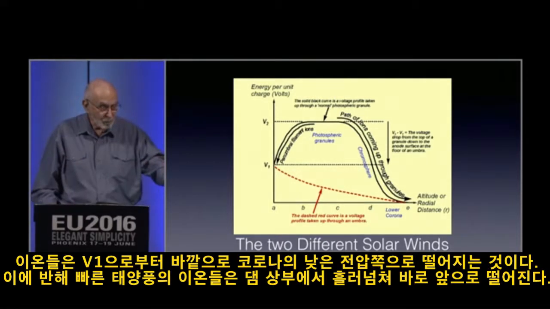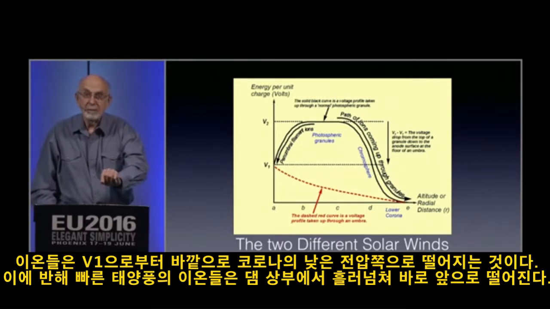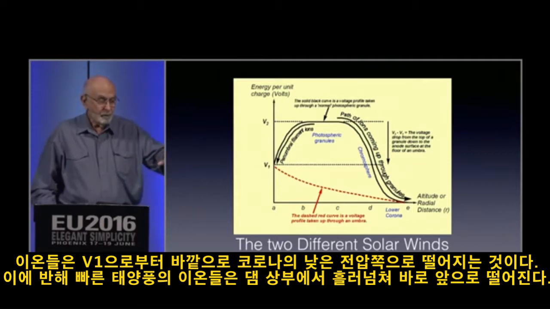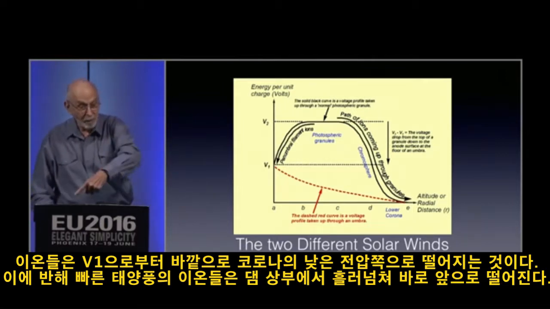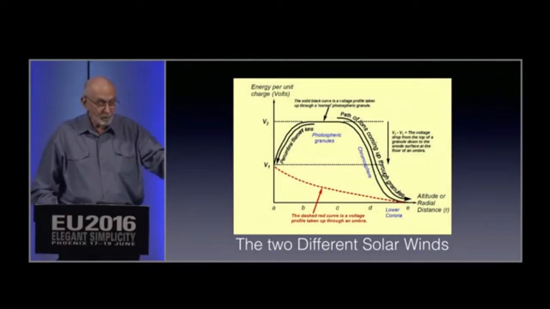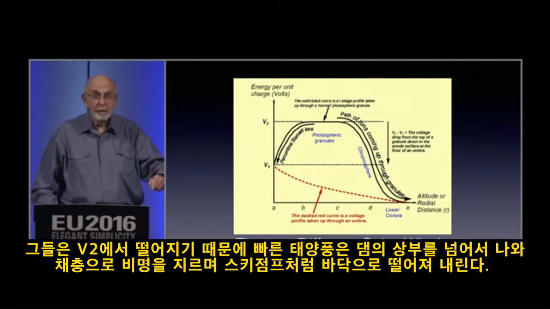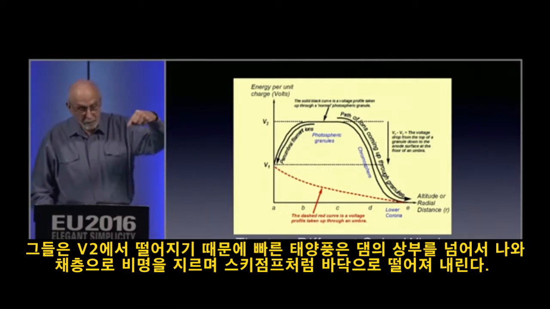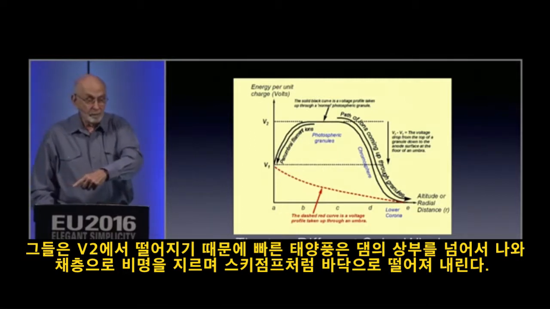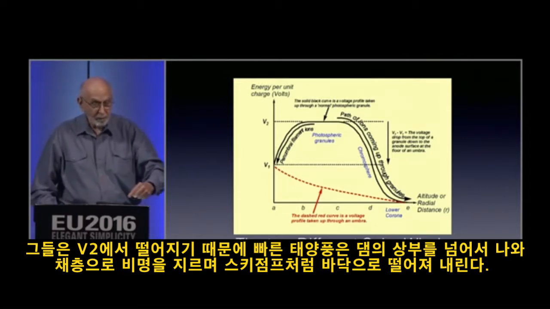They fall from V1 out to the low voltage of the corona. Whereas the fast solar wind ions that come over the top, they leak over the top of the dam and go all the way down the front of it, they fall from voltage V2. So the fast solar wind comes over the top of the dam, screams down that chromosphere ski jump, if you will, and flies out the bottom.